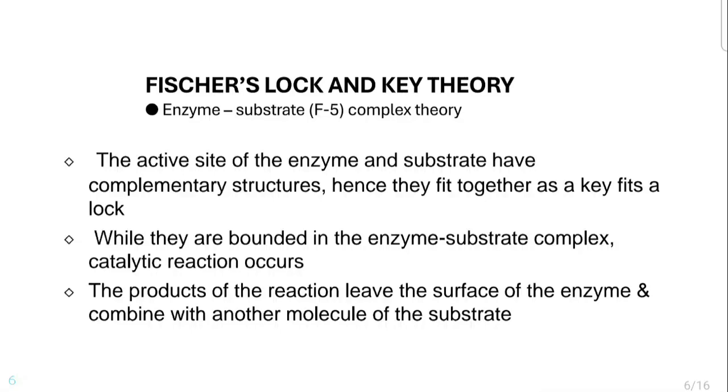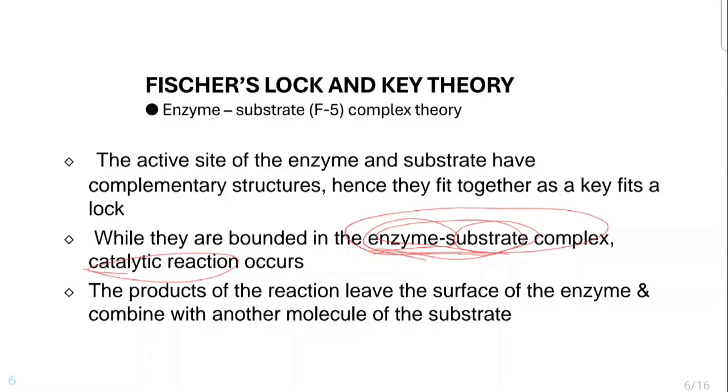While they are bound in the enzyme substrate complex, catalytic reactions occur. Without the enzyme substrate complex, you will not have a catalytic reaction, because if you have only substrate, you will not form a product. If you only have enzymes, you will not form one either. So both need to be together.